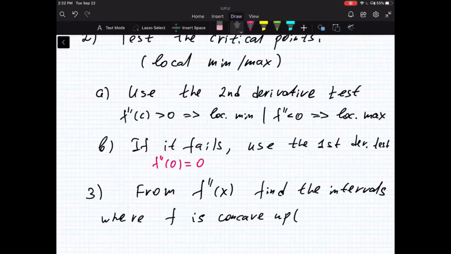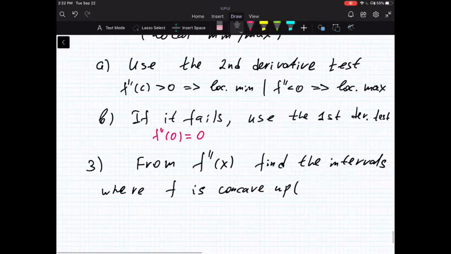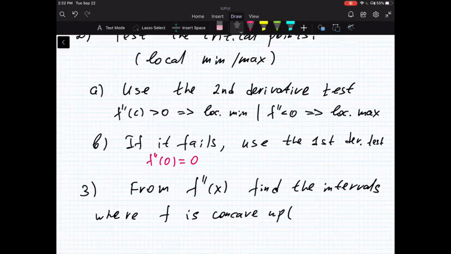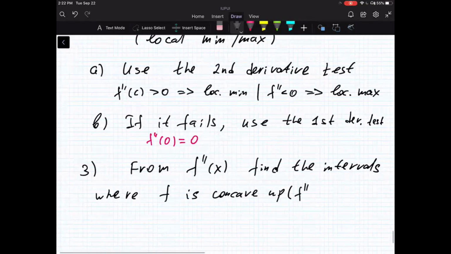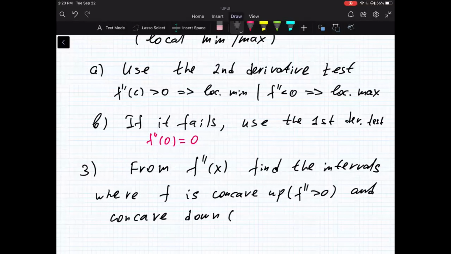Concave up means that the second derivative is positive, and concave down means the second derivative is negative.